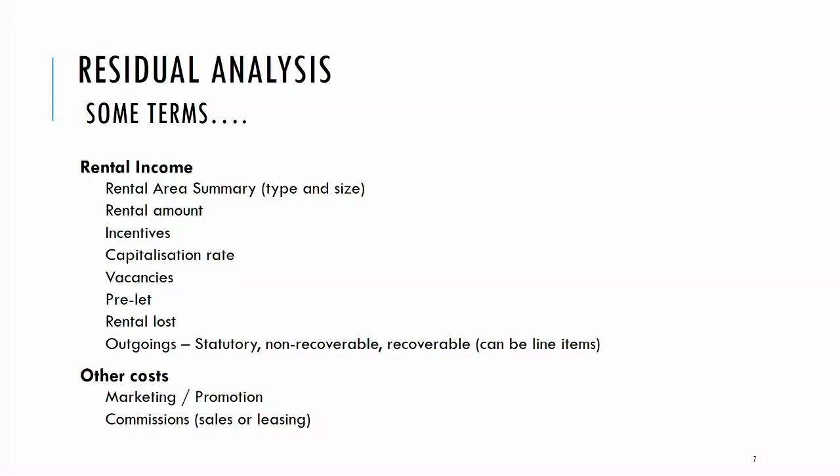Capitalization rate, vacancy rate, 4%, 5%, could be 10%, or it's pre-let, rental loss or rental profit, outgoings. What are the outgoings? There are different outgoings. So you have to think about all these things, and other costs: marketing, promotion, and sale commission. Right.